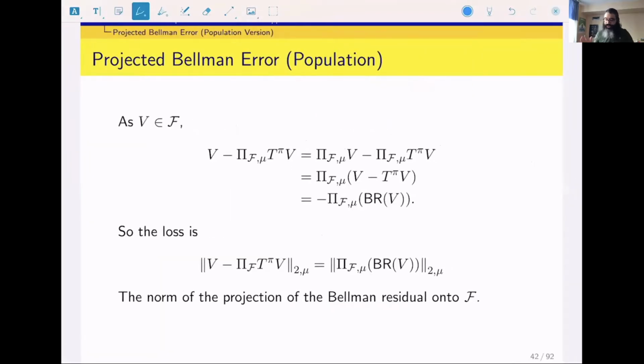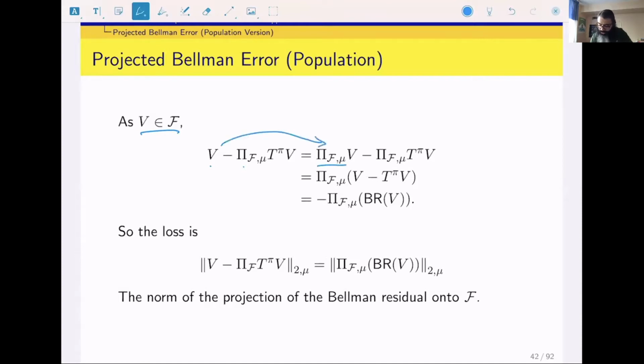So let's try to have a slightly different interpretation of it by just manipulating the objective function a little bit. The value function belongs to function space F. When we are optimizing it, we choose V to belong to F. This means that I can write V minus capital Pi T pi V as capital Pi V minus the same term.